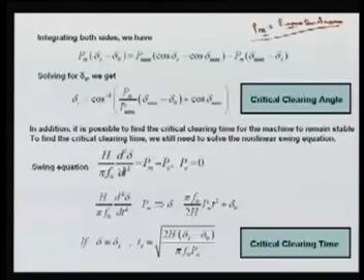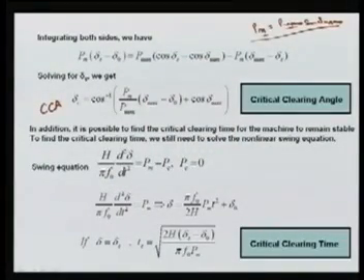Now we know delta max, we know delta naught, and we know PM and Pmax, so we can determine the critical clearing angle, known as CCA, which is one of the measures of system stability. Means if your fault is cleared before this angle, your system will be stable, and if it is cleared after this, your system will be unstable.